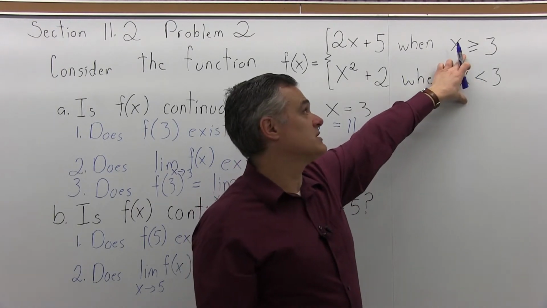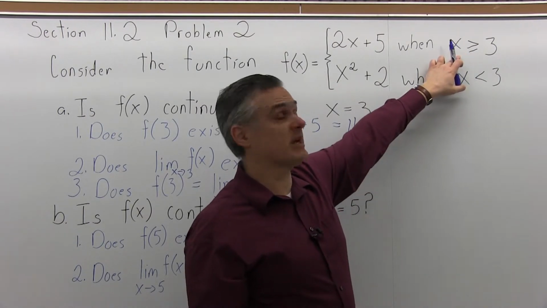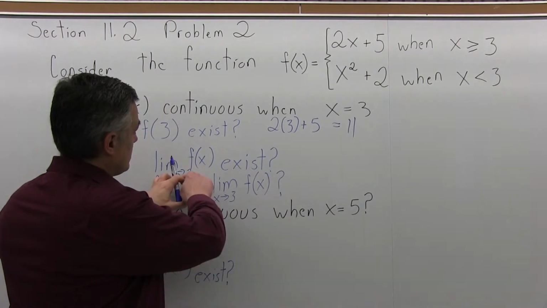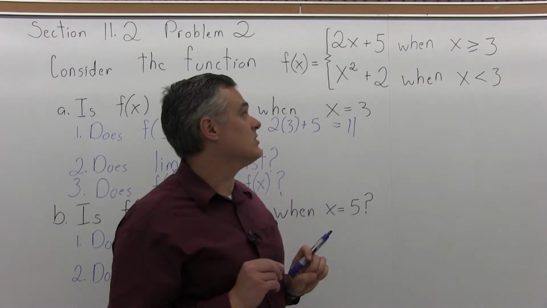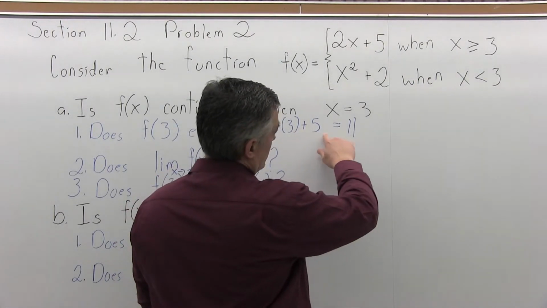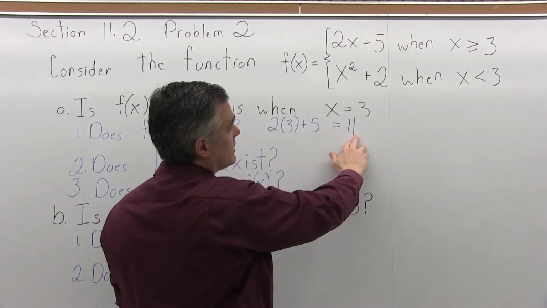And for input values slightly bigger than 3, 3.1, 3.01, 3.001, I have to use the top branch. Again, the limit is not what's happening when I input the actual value of 3, but what happens when I input values super close to it. So the top branch, as we can see from question number 1, as I put in values close to 3, the output's going to get close to 11.